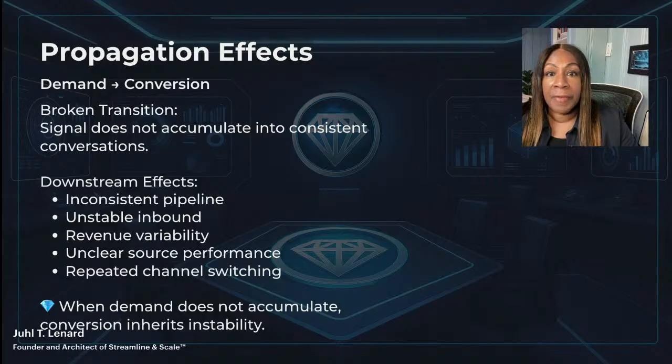So the downstream effects of that are inconsistent pipeline, unstable inbound, revenue variability, unclear source performance, repeated channel switching, right? So you don't know which channel's contributing to what. When demand does not accumulate, conversion remains unstable. It inherits the instability.